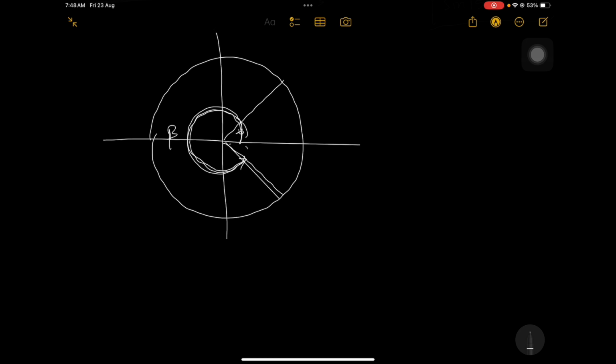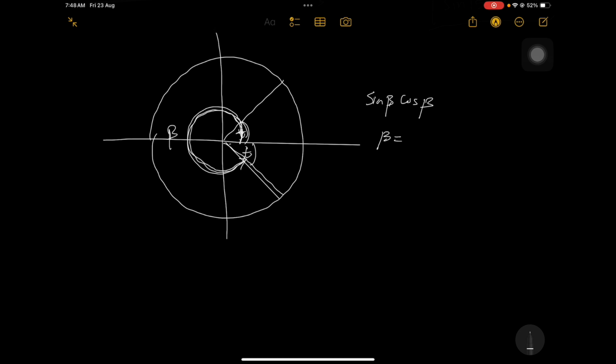This is some angle beta. We have to find out the sine value and cos value of this beta. How to get it? You don't have to calculate again and again. This is t, which means this is also t, like a symmetric. So beta's reference angle is t.